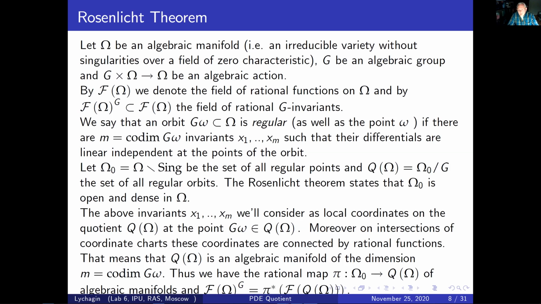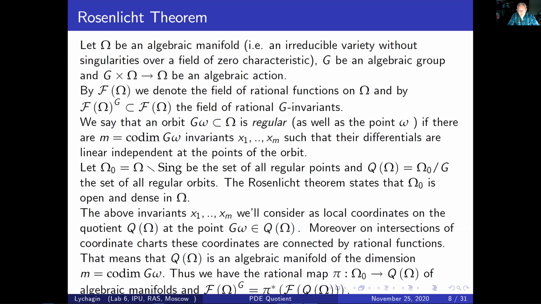So if you want the quotient to be, say, a Hausdorff space, then certainly you should take closed orbits. But what we want to have as a quotient is something that will look like our omega. The omega was an algebraic manifold, so the main property was that we can find some charts and rational transformations within them.